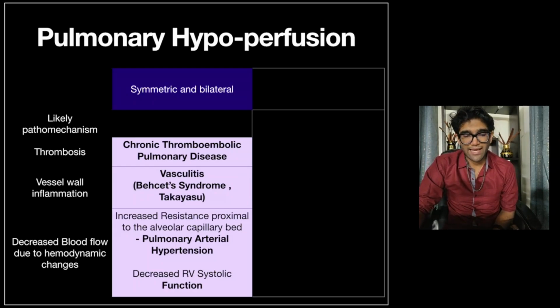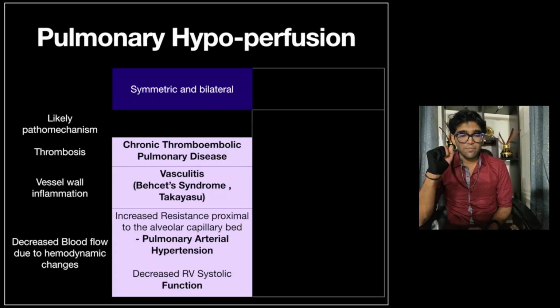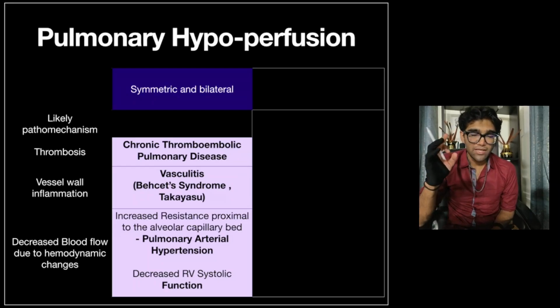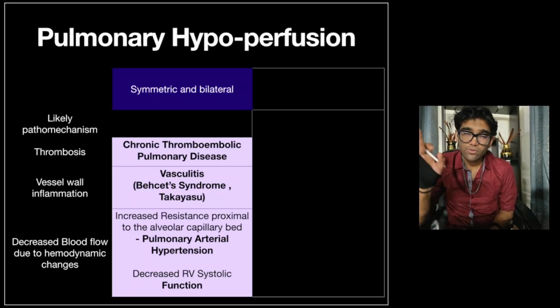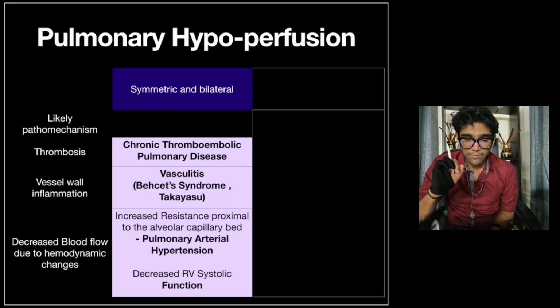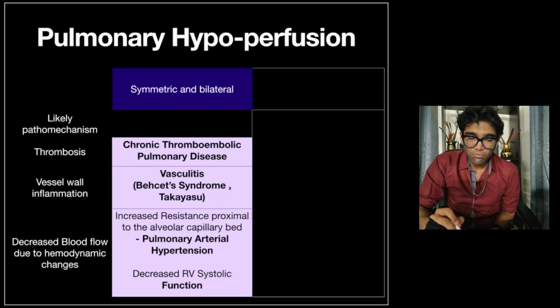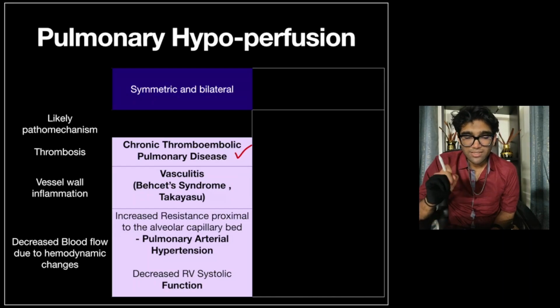The likely pathomechanism may be multiple thromboses in different areas, vessel inflammation at various areas, or a hemodynamic problem causing a complete reduction in blood flow into the entire pulmonary artery tree. In the case of thrombosis, it would be chronic thromboembolic pulmonary disease. Note, this is not chronic thromboembolic pulmonary hypertension. The PH designation of pulmonary hypertension is only used if there is pulmonary hypertension. We'll come to that in our pulmonary hypertension discussion.